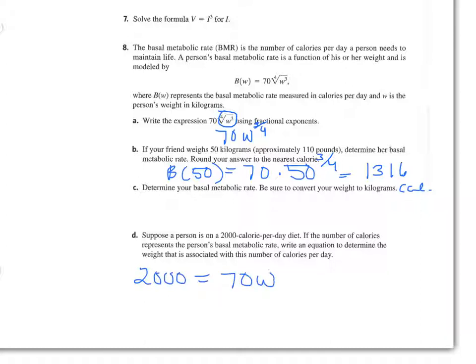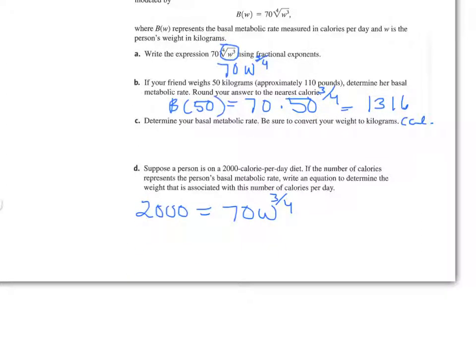Here's where it becomes an equation that we have to solve. If something's raised to the 3/4, to undo it, first I'm going to get rid of this 70. I'll leave it in fraction form, so I've got 2,000 over 70 equals W to the 3/4.